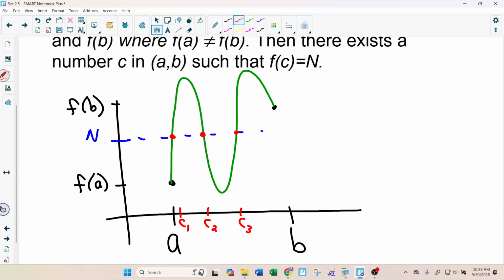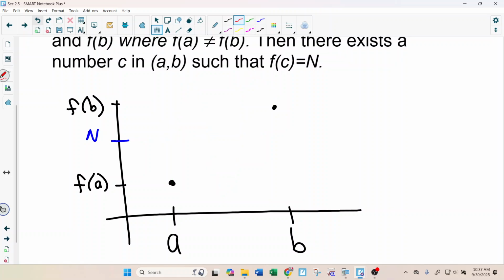No, it just says there exists a c. There may be more, but there has to be one. Because we know f of a does not equal f of b. So even if this is just a straight line, and there's only one c, there has to be a c that equals that. Could be more, but there's got to be at least one.